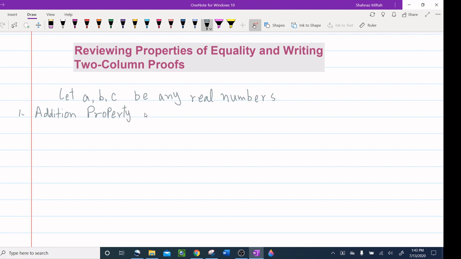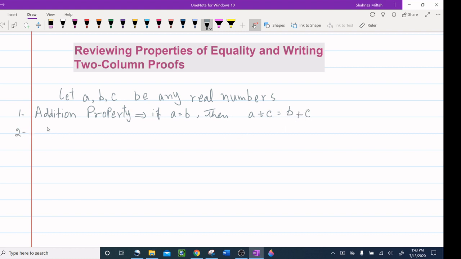What is the addition property? If A is equal to B, then A plus C is equal to B plus C.